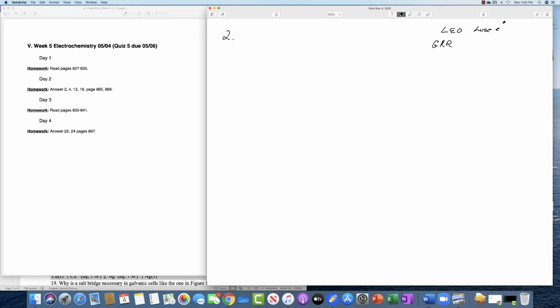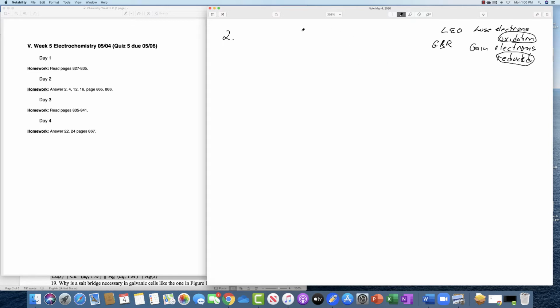Lose electrons is oxidation, and GER is gain electrons is reduction, or is being reduced. And just to recall, if something is being oxidized, it is a reducing agent, and if something is being reduced, it's an oxidizing agent. Okay, with that introduction, let's take a look at this first one.